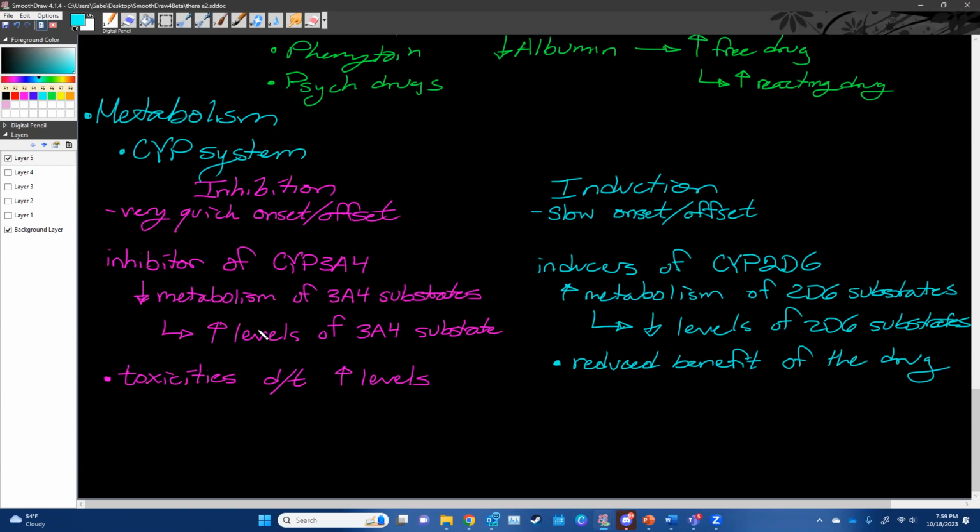And when you think about inhibition, think about toxicities. The vocab word that we usually talk about is supratherapeutic for increased levels, supra meaning above. And for reduced benefit, we talk about subtherapeutic.